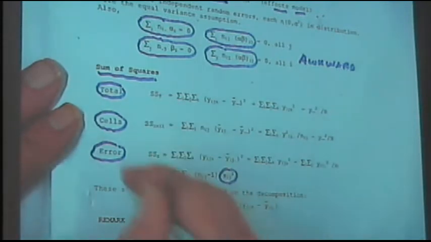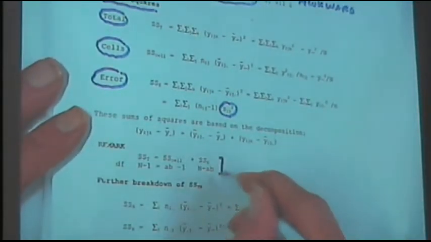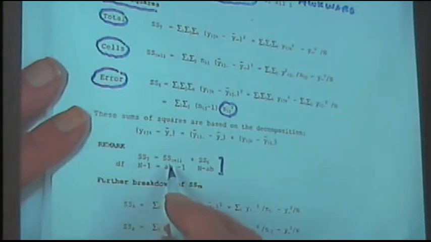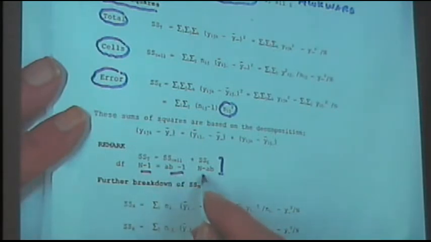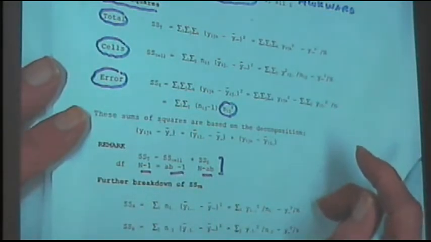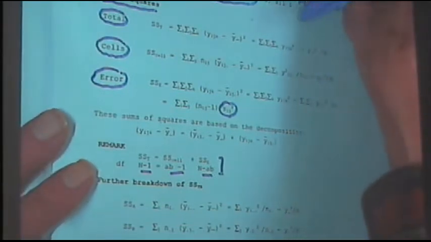So anyway, these three sums of squares are old, familiar creatures for us, and we have this kind of breakdown here. The sum of squares total is the sum of squares cells plus sum of squares error, and the appropriate degrees of freedom are underneath here, which we've encountered before. So now we do like we did before.